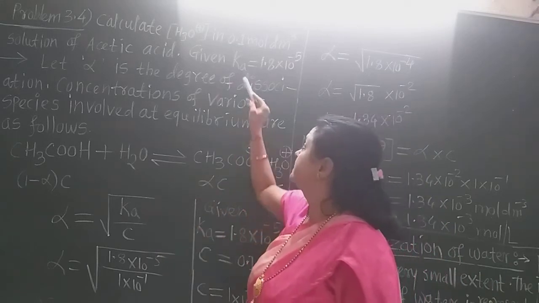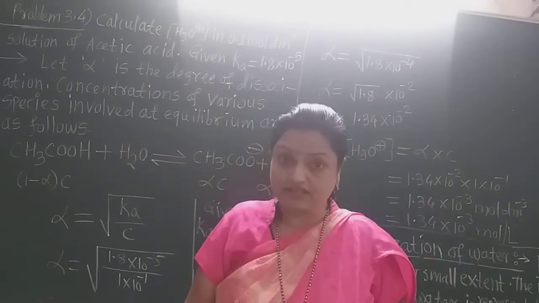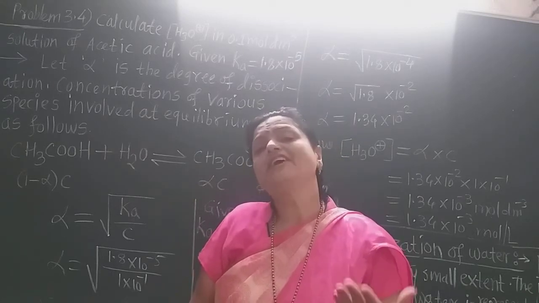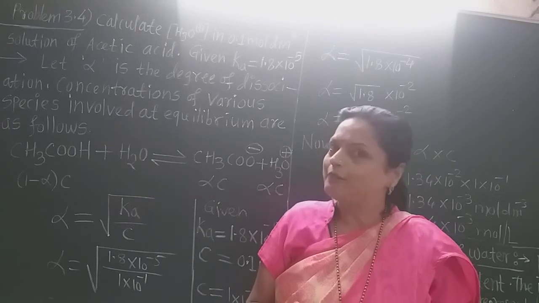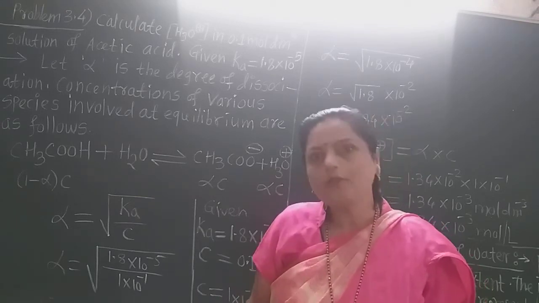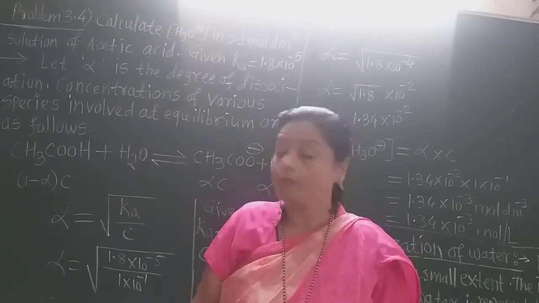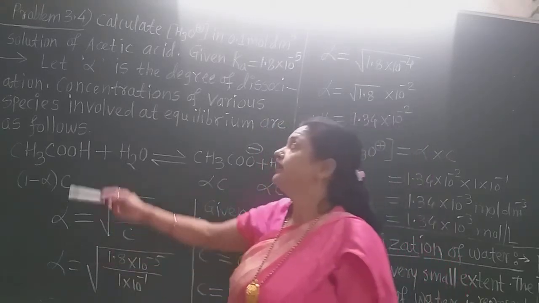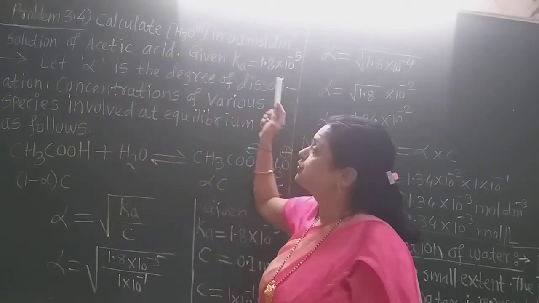But they give us the value of K, that is the dissociation constant of the weak acid, and from the value of K we can calculate alpha, because we know the formula alpha is equal to under root of K divided by C. We learned this in the Ostwald dilution law. So let us first calculate the alpha. Let alpha be the degree of dissociation.